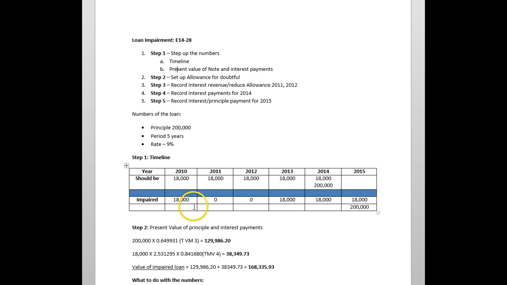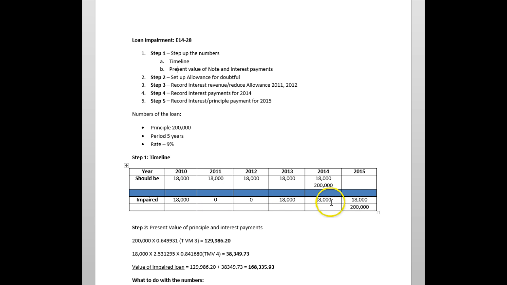You've got to bring it back to present value, and that can get a bit sticky. We'll go through the present value tables. The next thing you're going to do is really look at the timeline down here. You've got to lay it out so you can figure out what's going on. Then you're going to have to set up an allowance for doubtful accounts because you're not getting any payment here.